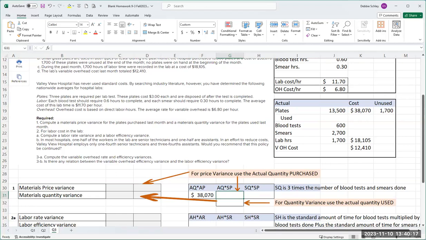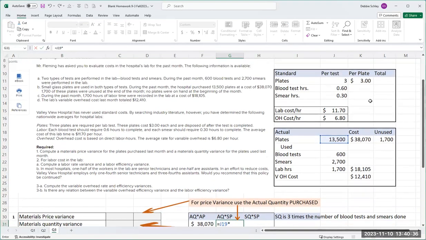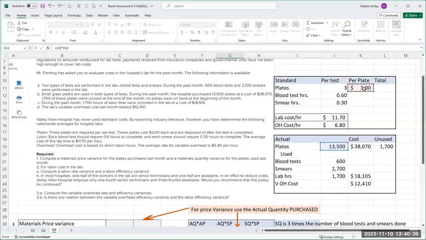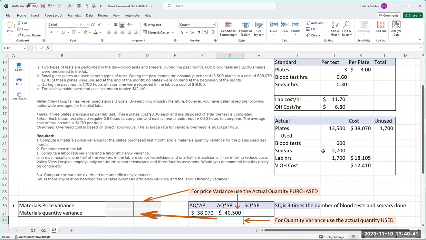So that is going to be equal to the actual quantity purchased times the standard price per plate. Okay, so the price variance, we're using the actual quantity purchased times the standard cost per plate.